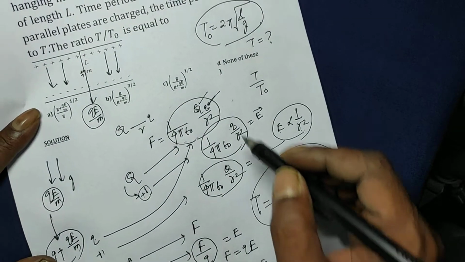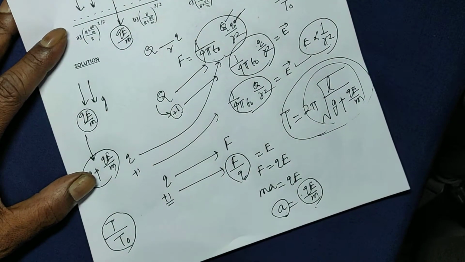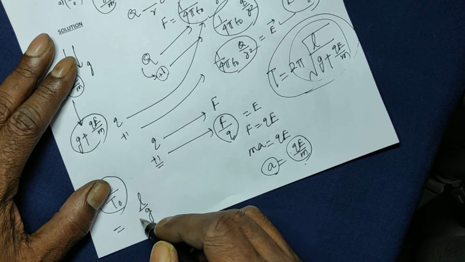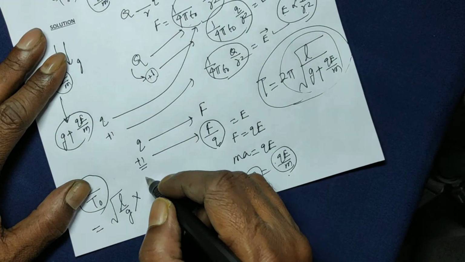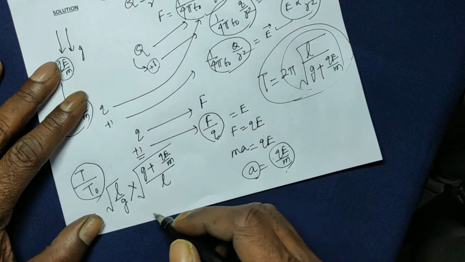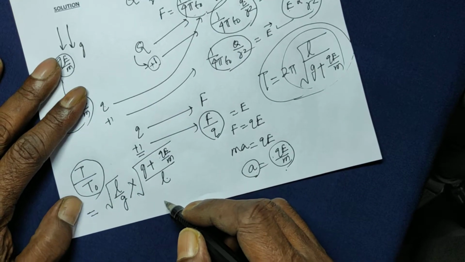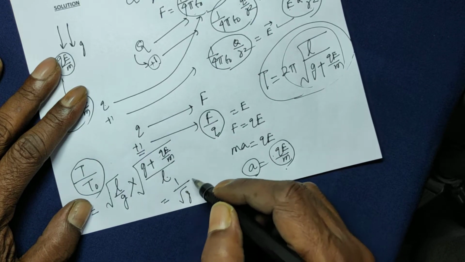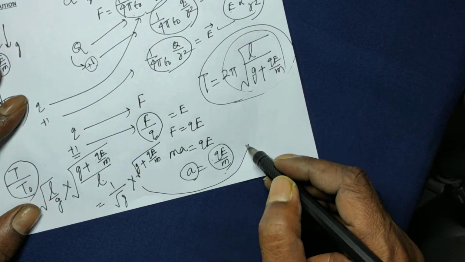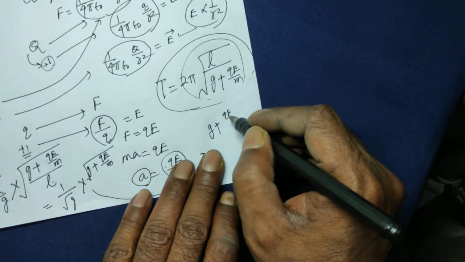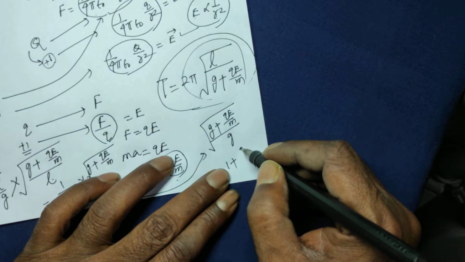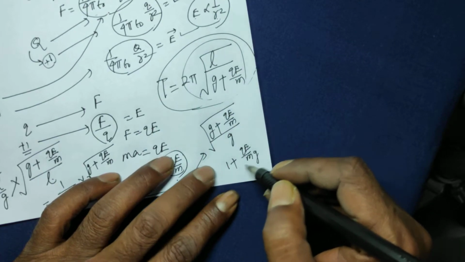So 2 pi cancels, and you have the square root of L over G multiplied by the square root of G plus QE by M over L. The square root of L cancels, so you get 1 over square root of G times the square root of G plus QE over M. Simplifying, you get the square root of G plus QE over M over G. That is G by G, which is 1 plus QE over M G, all under the square root.